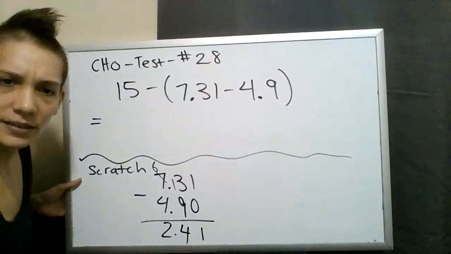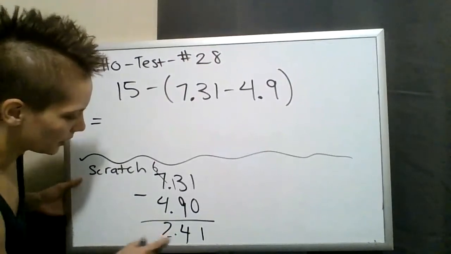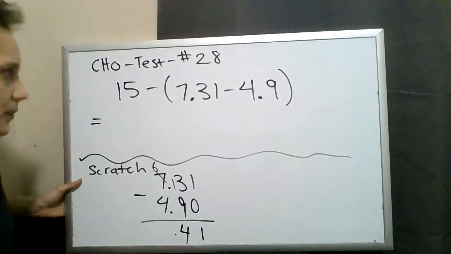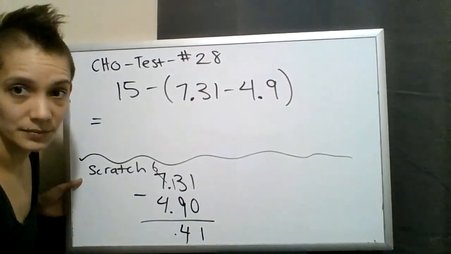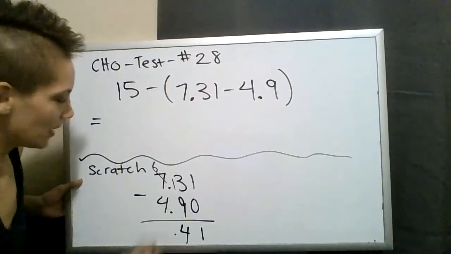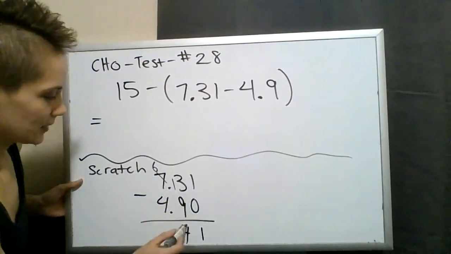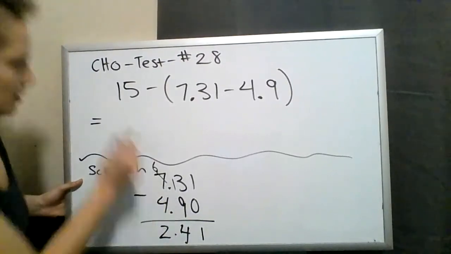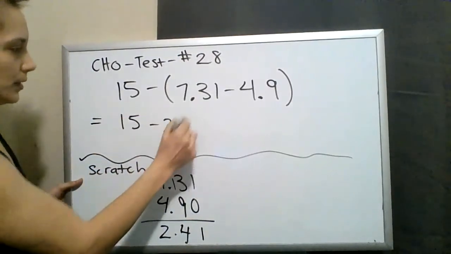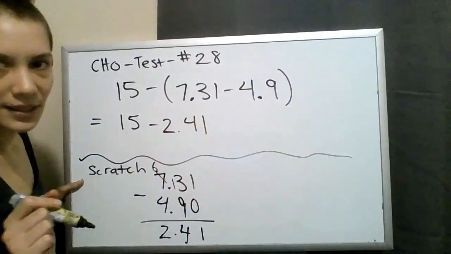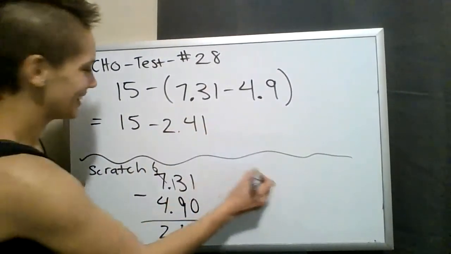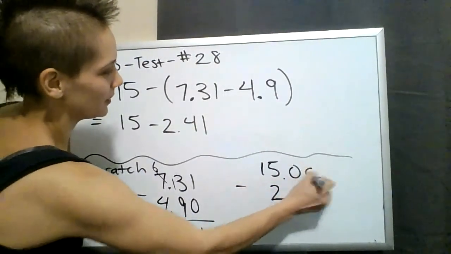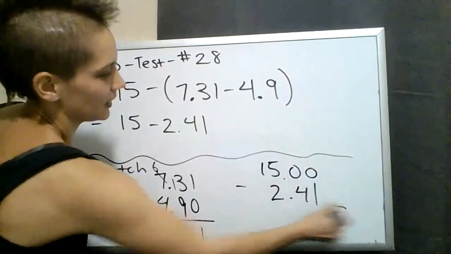Oh, wait. Yeah, I had a different answer. Or wait, is that your final answer? Let's see. Okay, 10, 11, 12, 13. And then 4, 5, 6. So 15 minus 2.41, maybe that will be the final answer. 15, subtract 2, and put a 0.00.